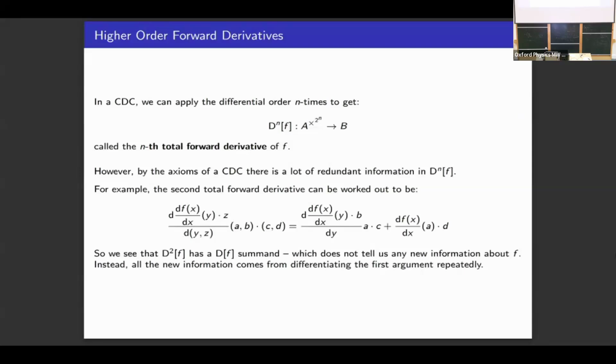However, it turns out there's a lot of redundant information in this. For example, in the second order derivative, you can show that it's actually a sum of the partial derivative plus the original first order derivative. So all you really need to do is differentiate the function f repeatedly in the first argument, the non-vector argument.